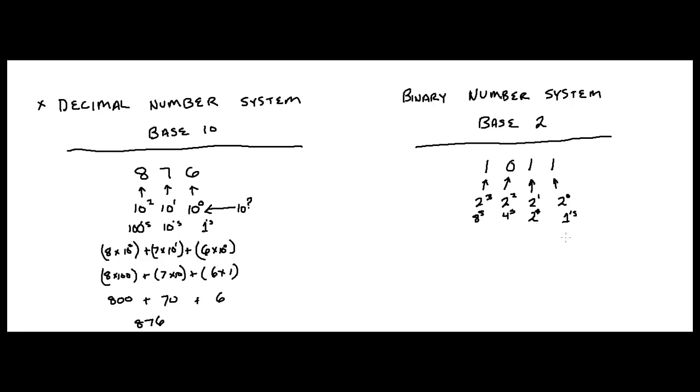So what we're really saying is this is 1 times 2 to the 0. Now this one right here is going to be 1 times 2 to the 1. This one right here is going to be 0 times 2 to the second.